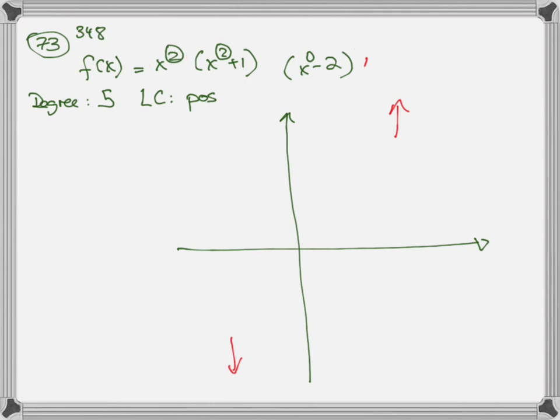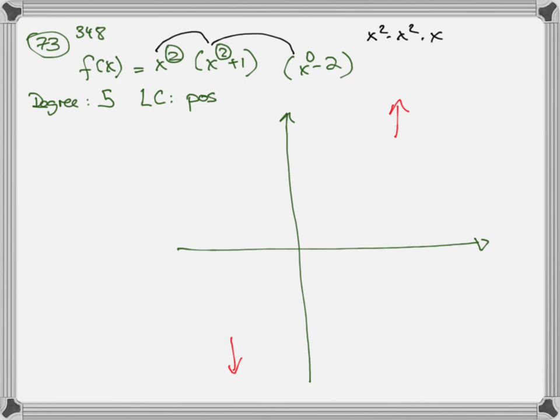Tony Ann, you had a question? How did you know that the leading coefficient was positive? I see no negative here. What you're doing to find the leading coefficient is multiplying your x terms. You have an x squared times an x squared, and here you have another x.